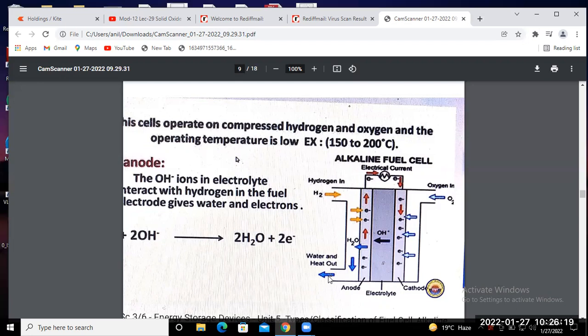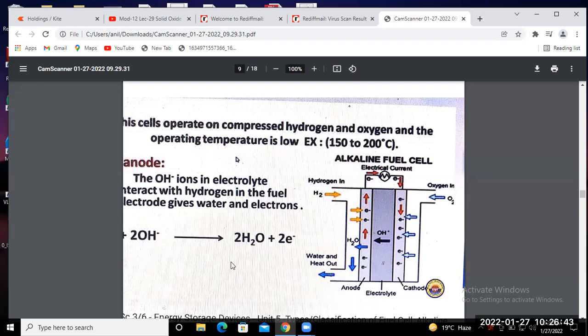We have to remember that in one direction we put the oxygen, and in the other we input the hydrogen. The cathode and anode are separated by the electrolyte. Here the reaction makes H2O and releases the electrons, that means 2H2O plus electrons.